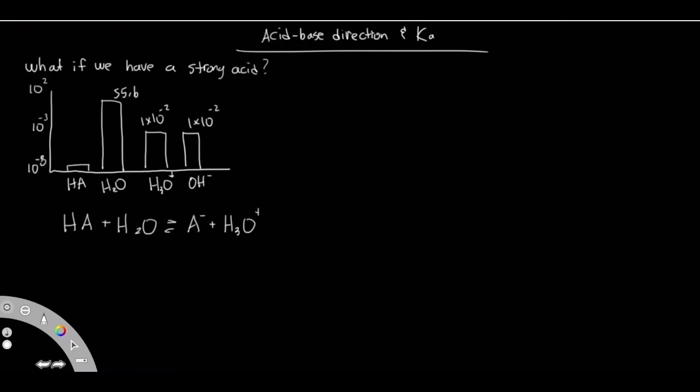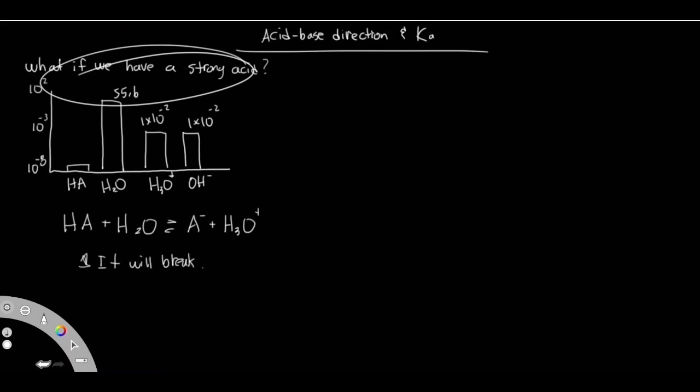So what is this trying to mean? Well, if we have a strong acid over here, we could conclude that it will break up 100% into its anions and cations. I know we have to use this term lightly, 100%, because we still have this value over here.